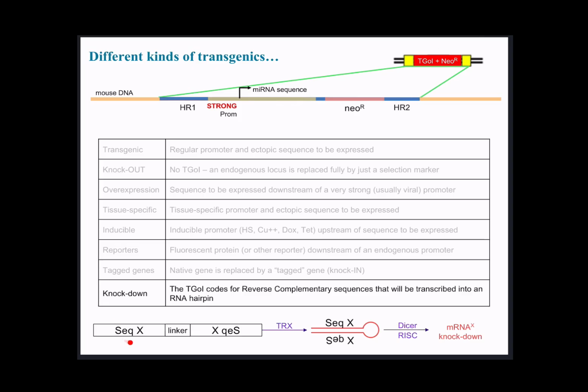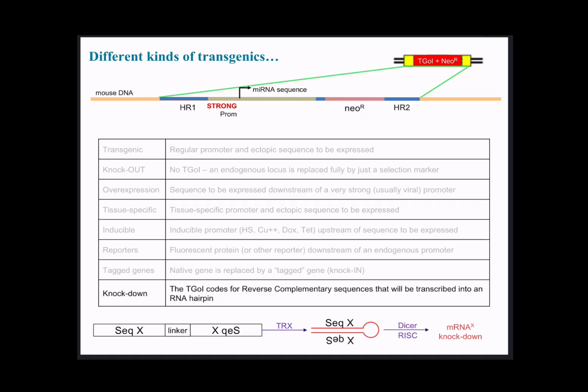You would have any sequence X that belongs to a gene of interest, a gene whose expression you would like to knock down or inhibit, some sort of linker sequence, typically somewhere between 10 and 12 nucleotides, and then the same sequence that you had before, but in reverse complementary orientation.